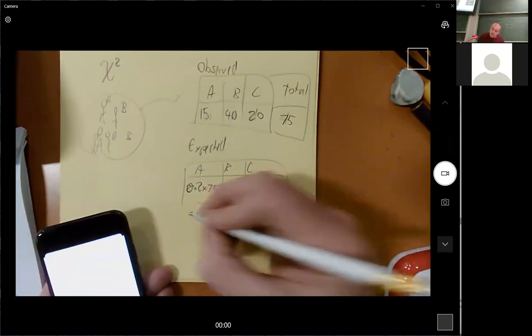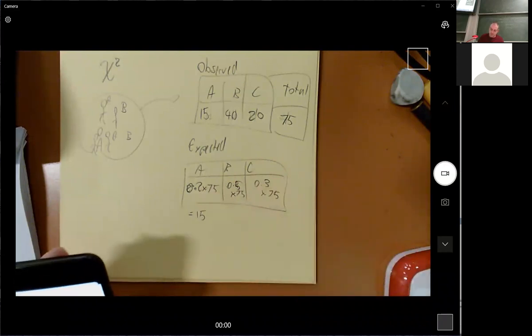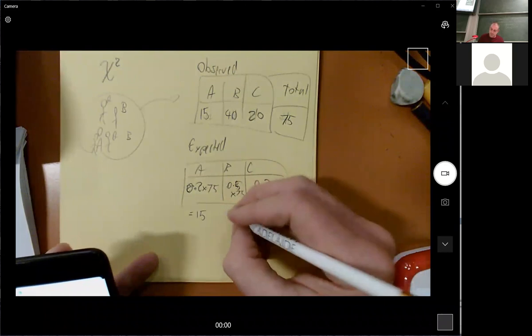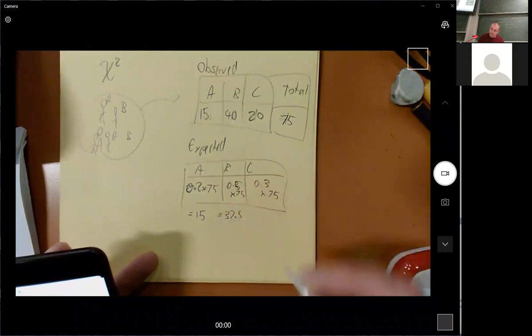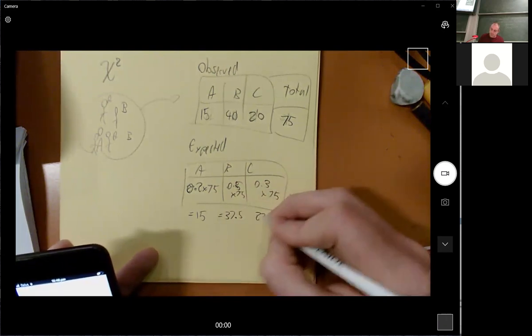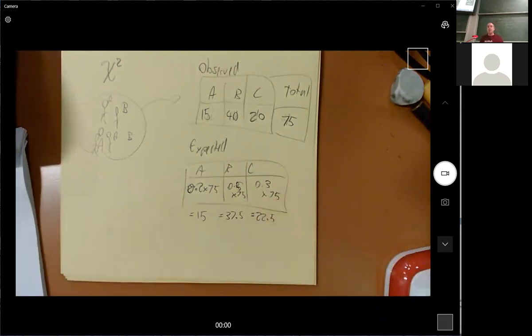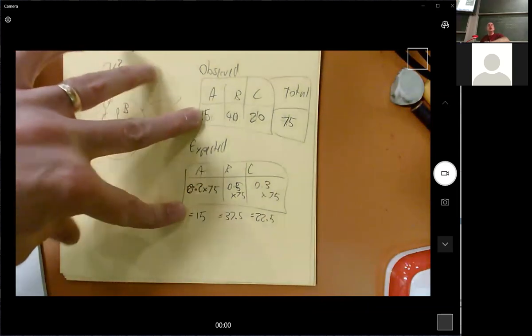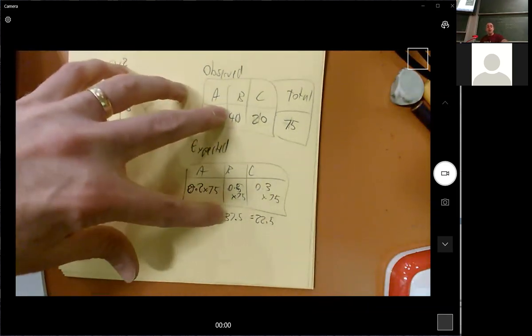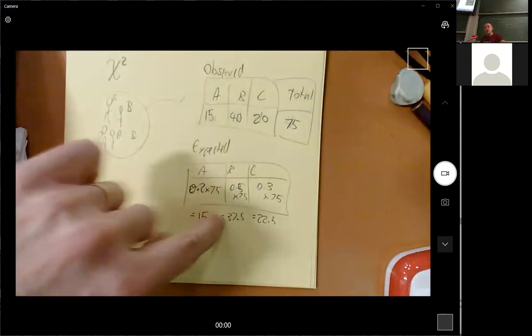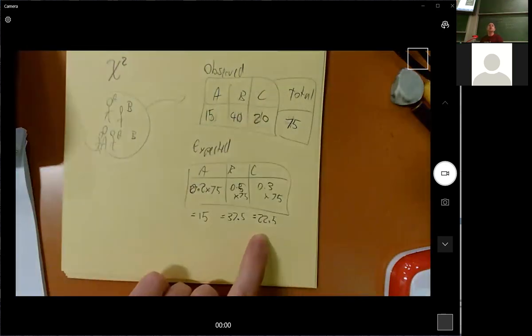Oh, 15, cool. So this one is coming out exactly as I expected it to. This one's come out to be more than I would have expected, and this one's come out to be slightly less than I would have expected.